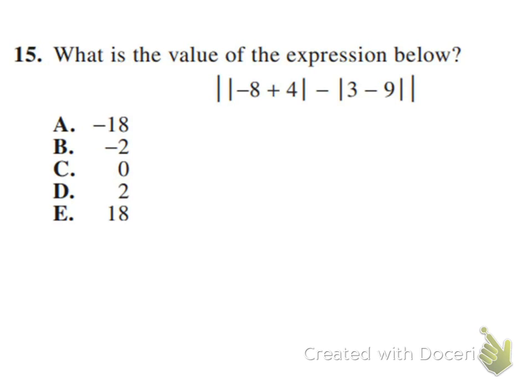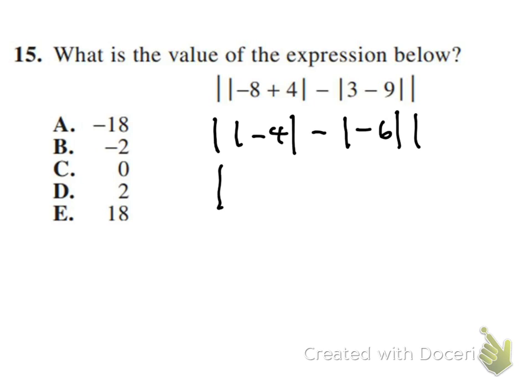Now this is just to evaluate an absolute value. We're going to start from the inside and work our way out, right? What is negative 8 plus 4? Negative 4 minus the absolute value of 3 minus 9. 3 minus 9 is negative 6. I'm going to do my absolute values again.